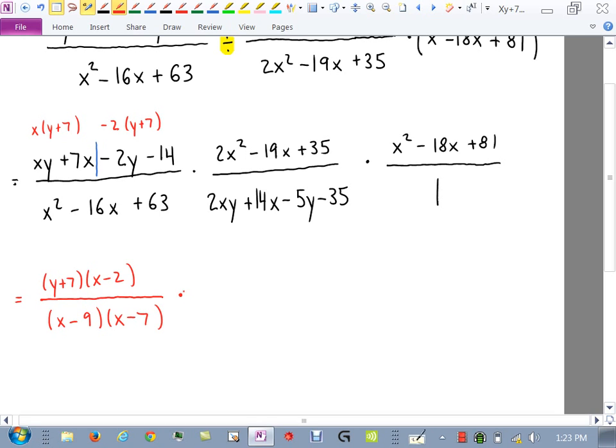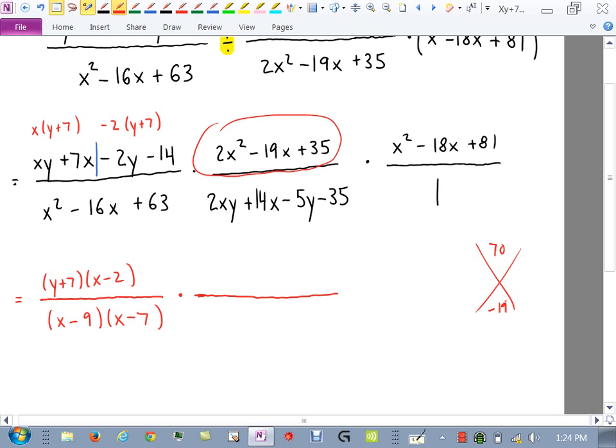Times the middle one on the top. What's the middle one on top here? Another AC method? I don't recall what it is, so let me do it on the side here. I'm going to use what numbers? I'm doing the top one here. 70 and negative 19.